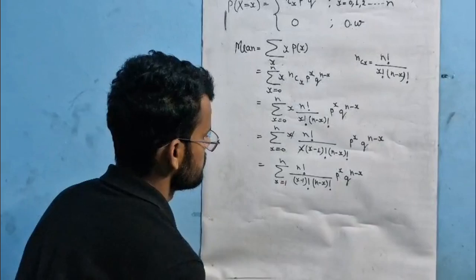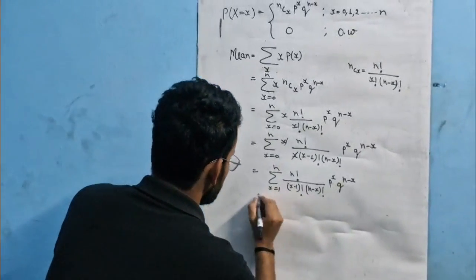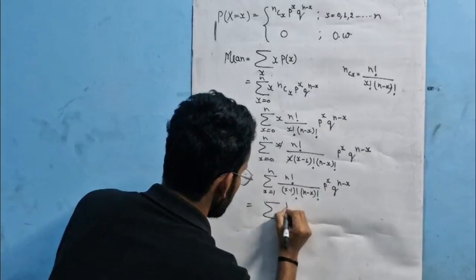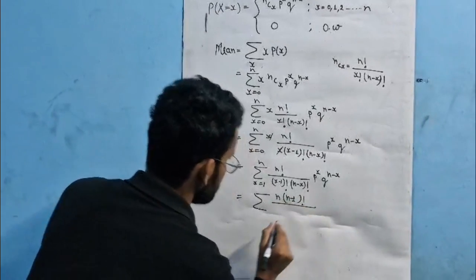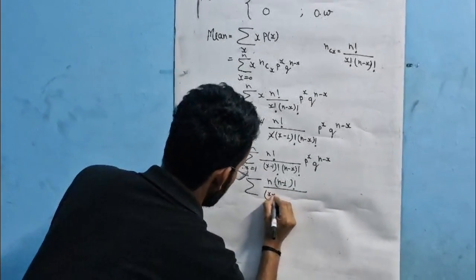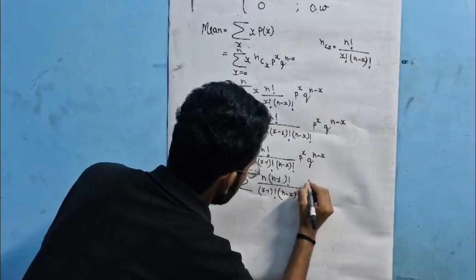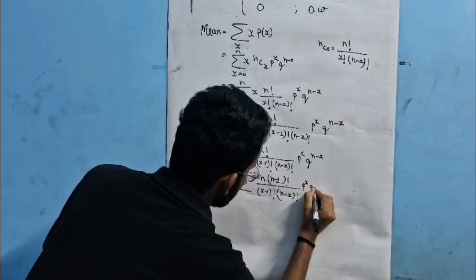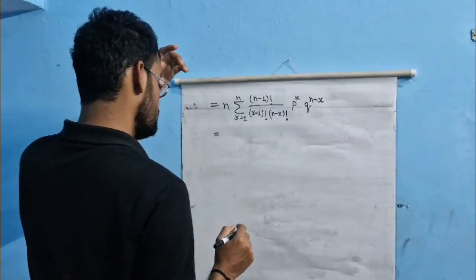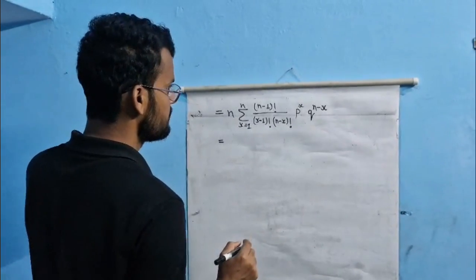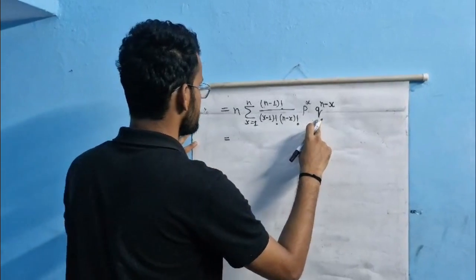Now expand n factorial as n into n minus 1 factorial, divided by x minus 1 factorial n minus x factorial p raised to the power x q raised to the power n minus x. Here we multiply in numerator and denominator by p, where p is the probability of success and q is the probability of failure.